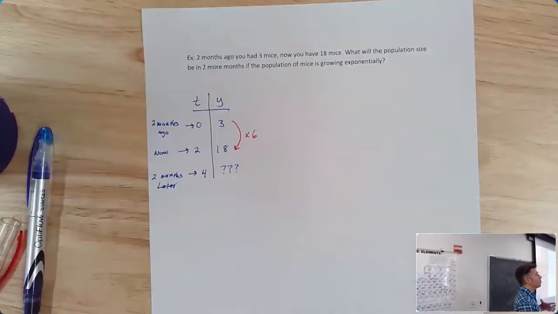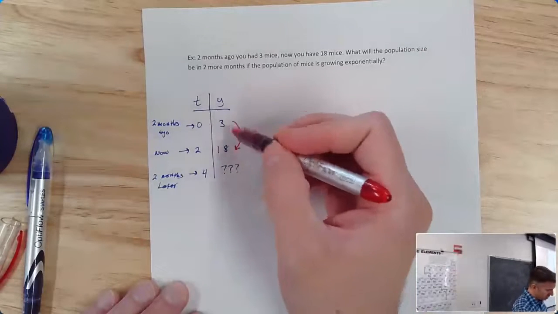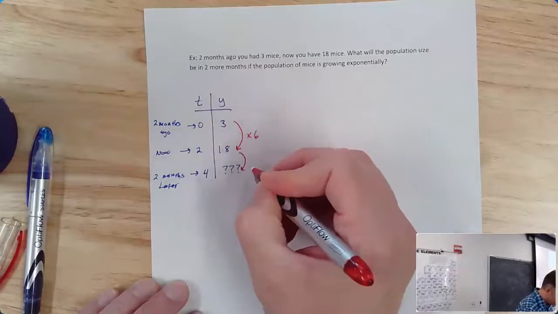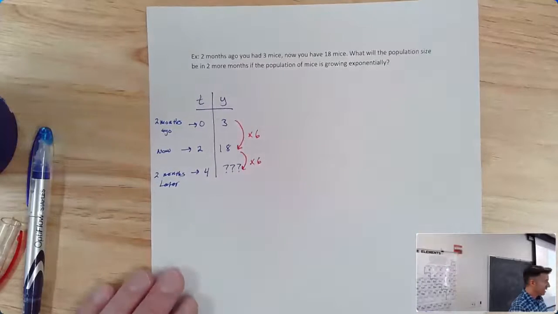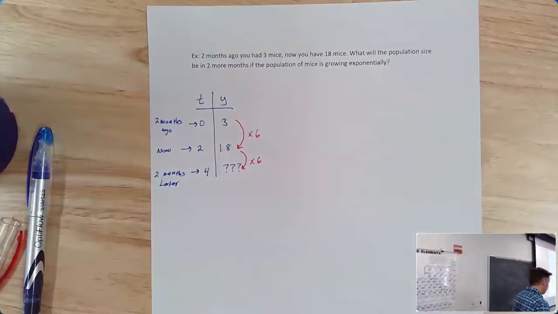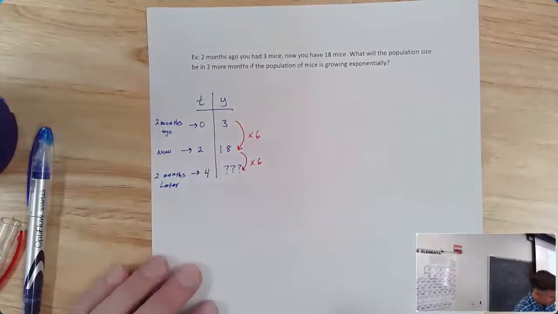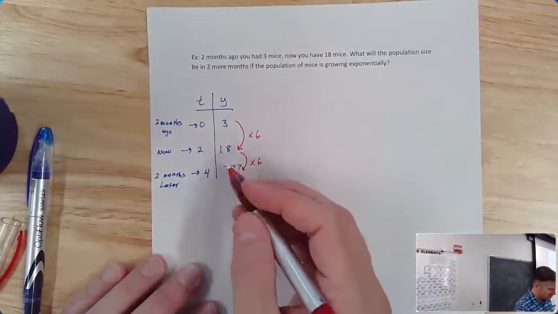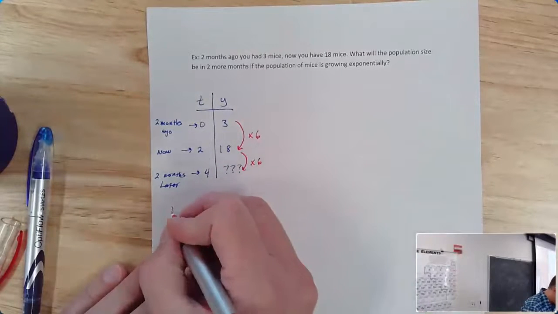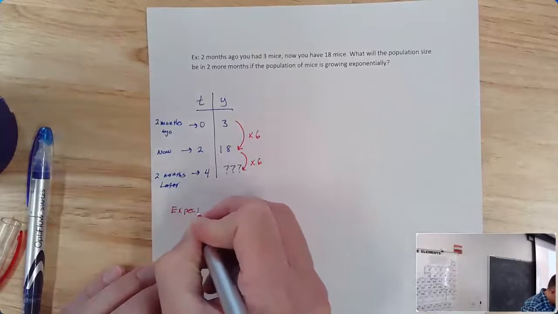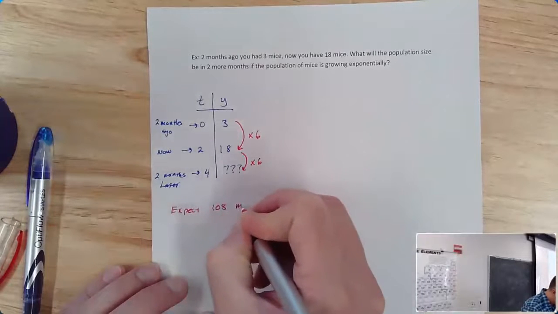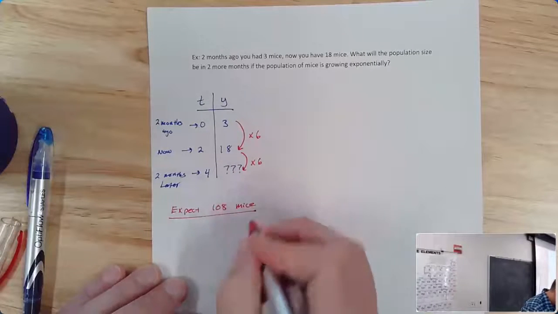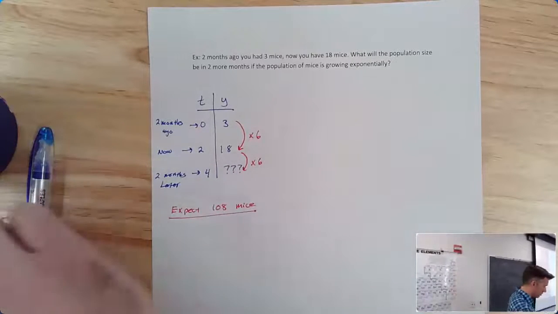So every equal period of time multiplies the population by the same amount. If you take a 2-month period and multiply by 6, another 2-month period will multiply by 6 again, and again and again. So we're expecting 6 times 18, which is 108 mice. Which is too many mice. Don't want that many mice. But let's do the work.